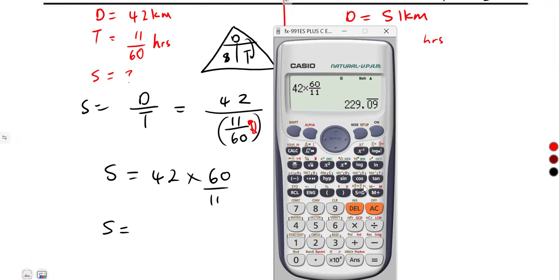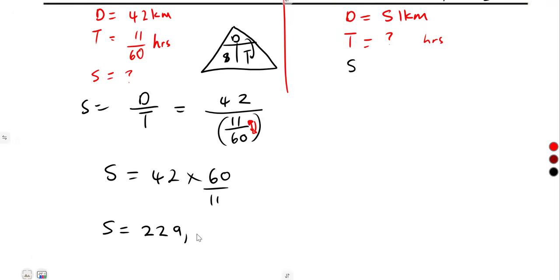That was going to give this. And as a decimal, that's 229.09, to 2 decimal places. Kilometers per hour. It will be kilometers per hour, the speed, since we used distance in kilometers and our time is in hours.